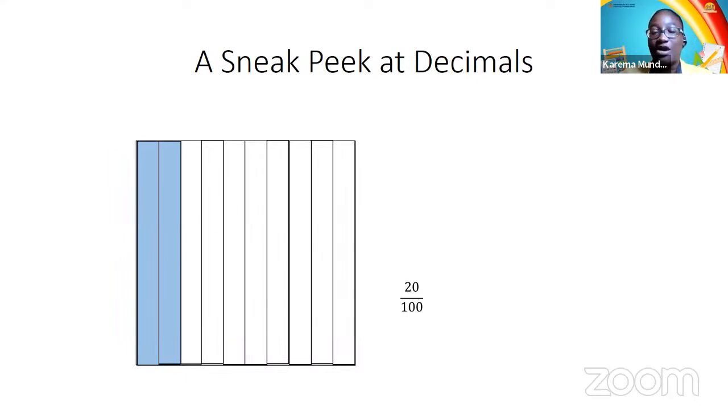How many parts are now shaded? Quite a few persons answered in the chat already. You don't need to answer again. You would have indicated 2/10. All right, so 2 parts out of the 10 parts have been shaded.